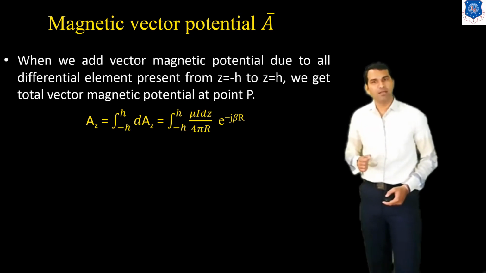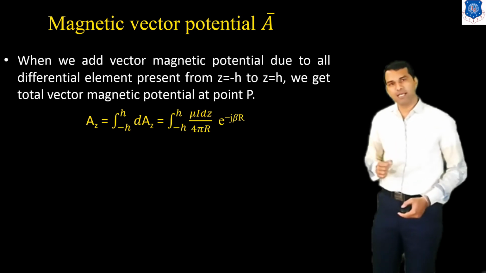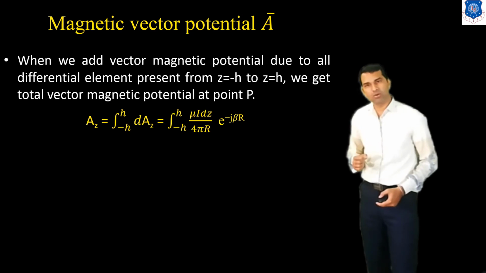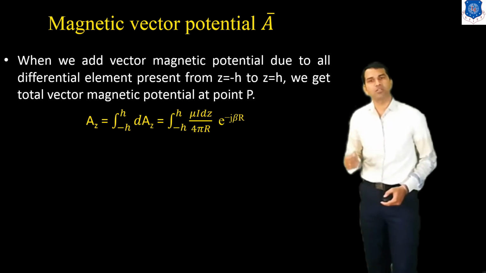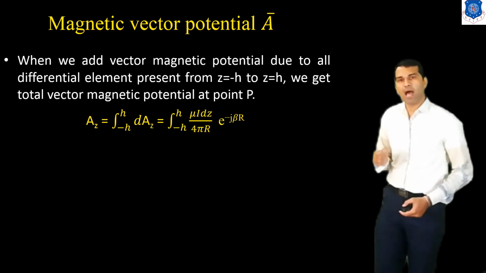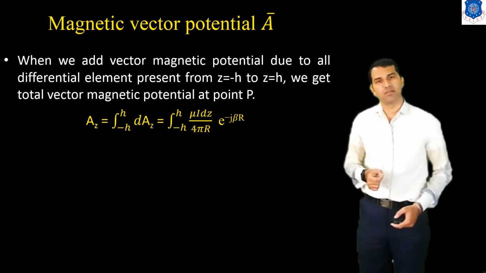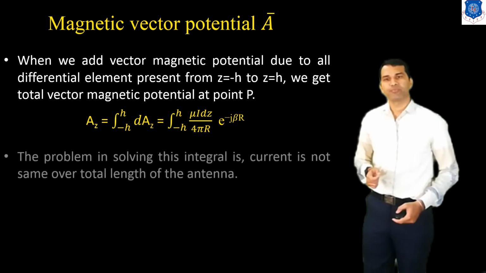So we can write the value of dAz in this equation: Az equals the integral from minus h to h of mu I dz over 4 pi r, e raised to minus j beta r.